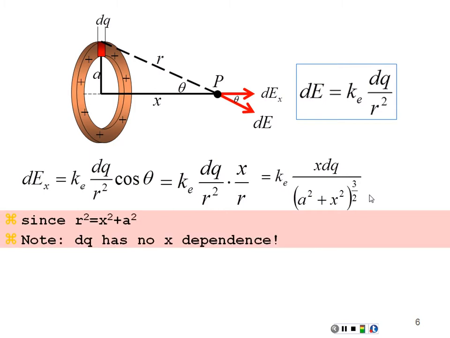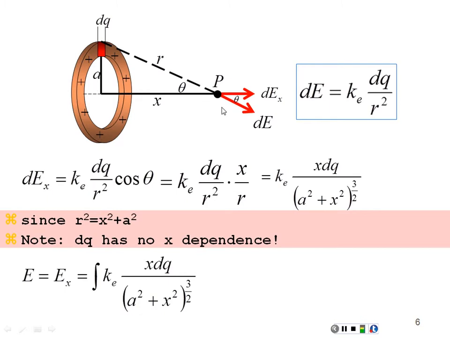We're going to integrate this all the way around this ring, so we're going to integrate over all the dq's around this ring. We'll note, though, at our particular point P, that a is not going to change, and x is not going to change if we've selected a point P a distance x away from the ring. So those are constants, actually. I'm going to take those out of the integral, x and a, and I end up with k x over (a squared plus x squared) to the 3/2 power, and we're just going to integrate dq all the way around the ring.